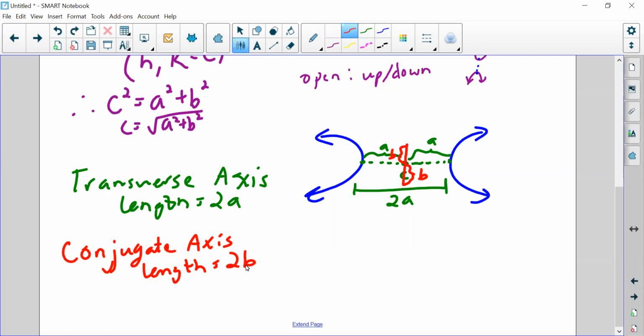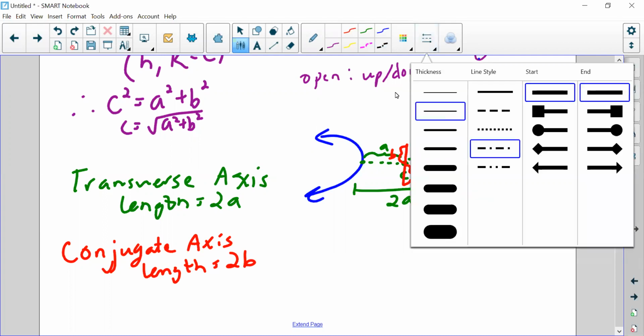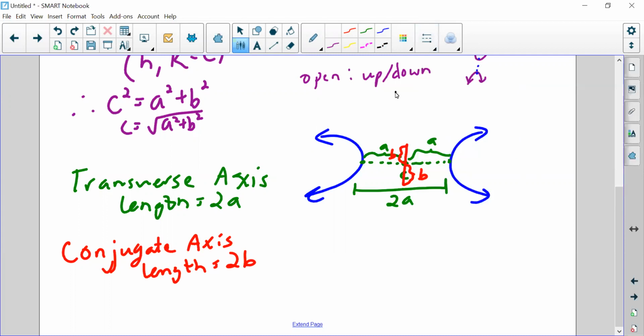Now, why is that important for me? That is important because if I look at my transverse axis and my conjugate axis, and I draw a box around it, like this, so that this is the distance of b, this is the distance of b, that's a total of 2b, 2b, 2a, and 2a.